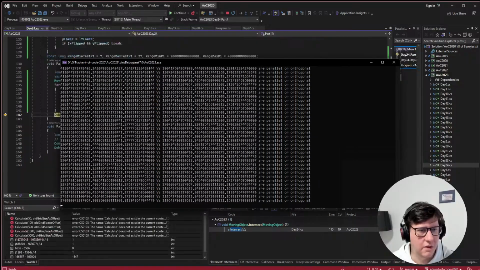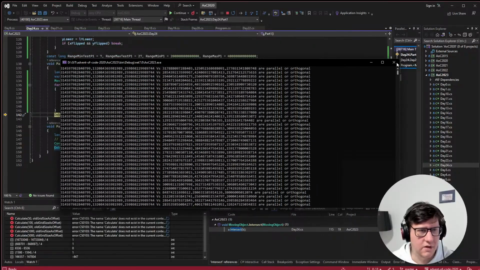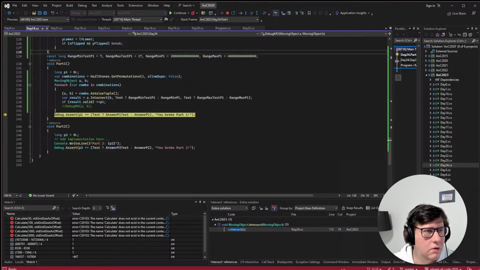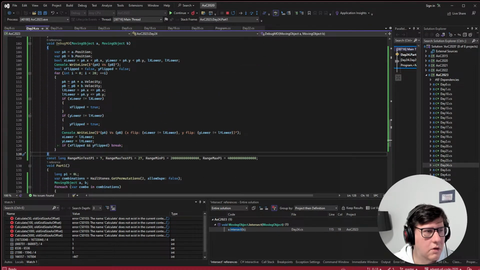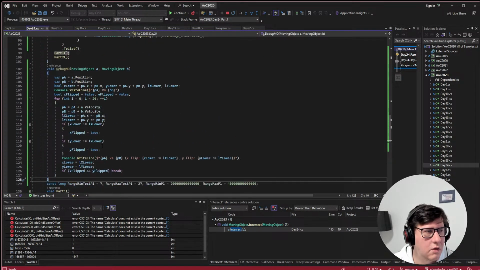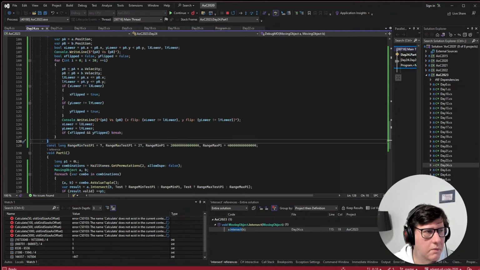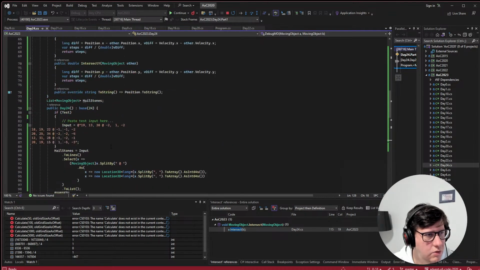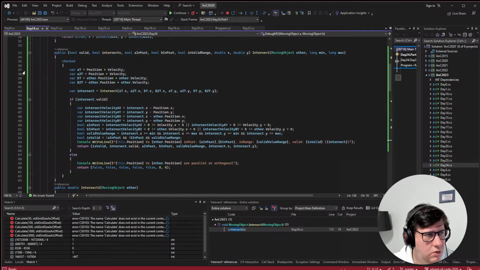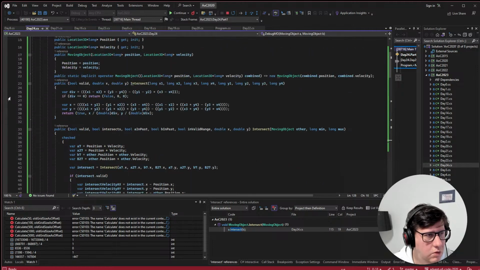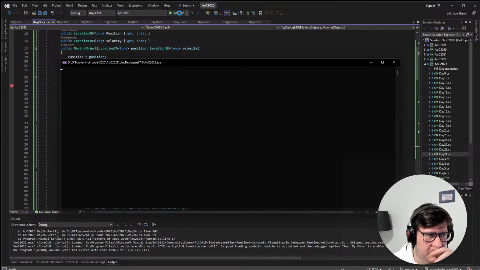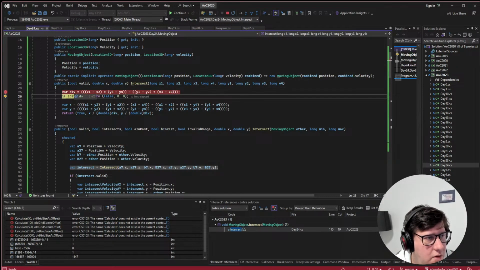Okay, it says it's always parallel or orthogonal for all of these, which cannot be the case. Let me see.